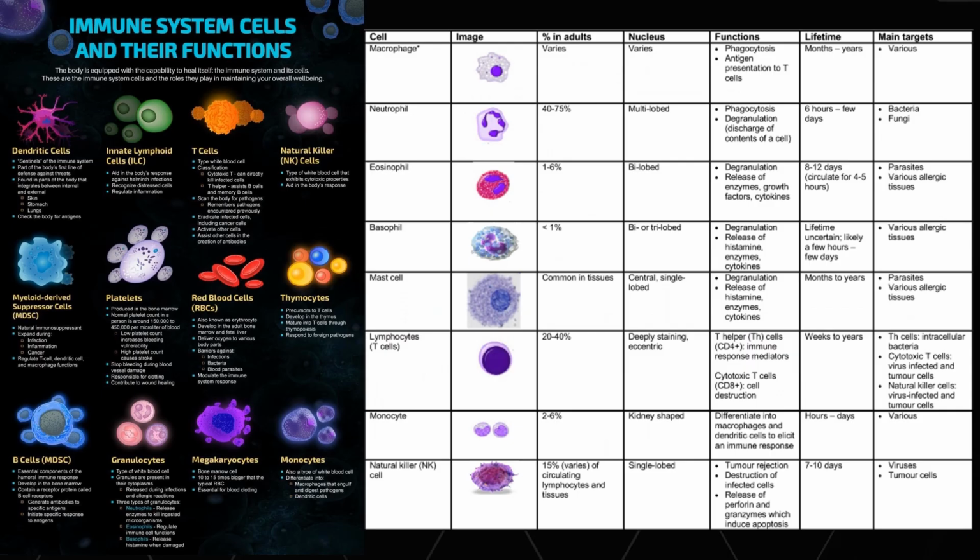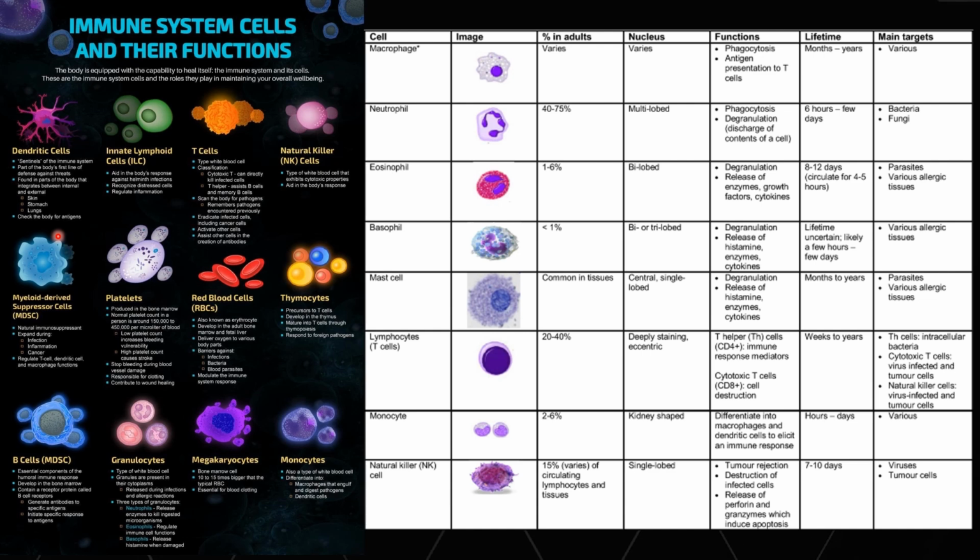In the next slide also we have different immune system cells and their respective function. So if you could see here, first one is dendritic cells. These are the sentinels of the immune system, part of the body's first line of defense against the threat. So dendritic cells are part of the innate immune system.